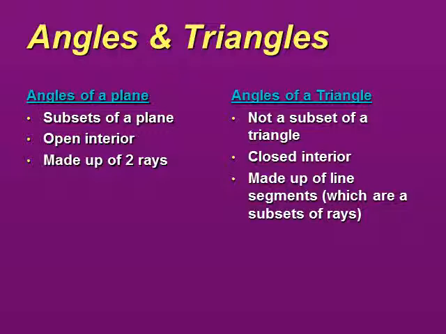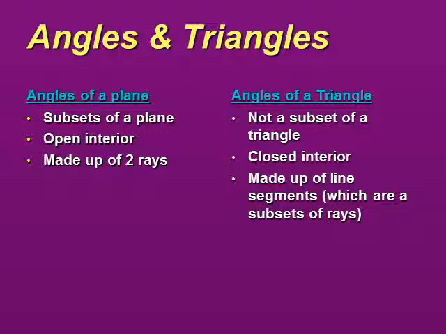Okay, so one of the student errors is they get confused just by the word of when we say angles of a plane, angles of a triangle. Okay, it can mean different things, just like a book of a series is different than a book of gardens. Okay, a book of a series means it's just one book of many books.